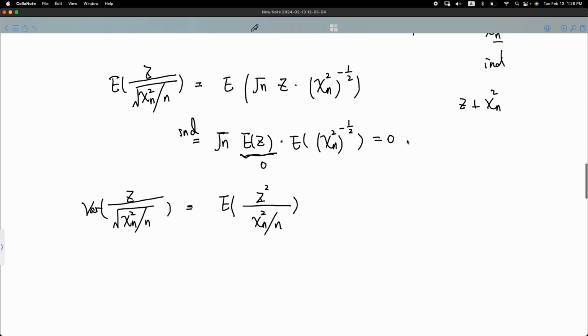But we have shown earlier that this is 0, so you just have minus 0. Again, independence.